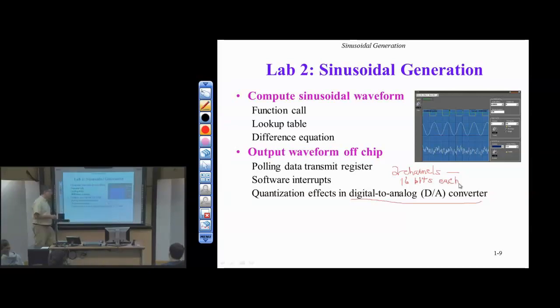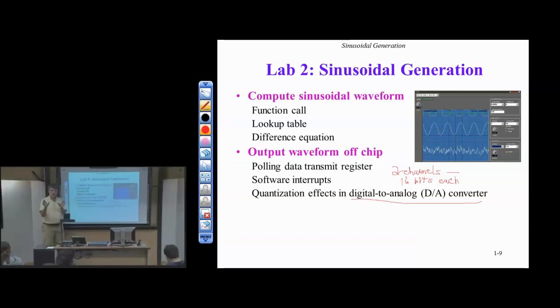So I have 2 channels, 16 bits each. That means I can read or write a 32-bit value. That 32-bit value is actually 2 channels, each channel 16 bits, and if I concatenate them, I get a 32-bit value.